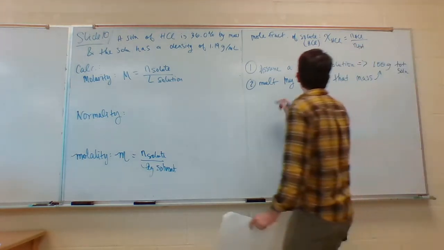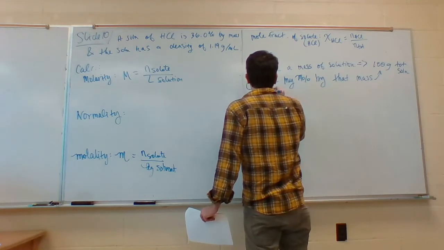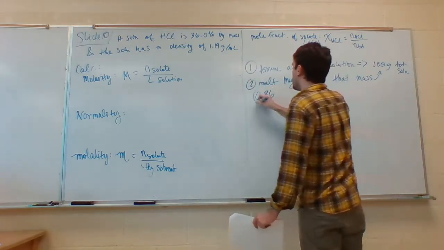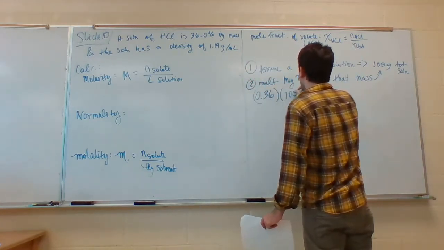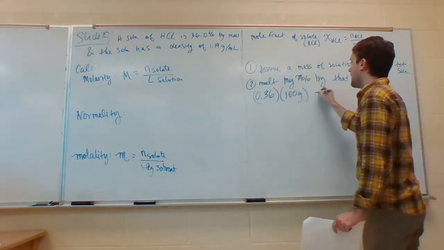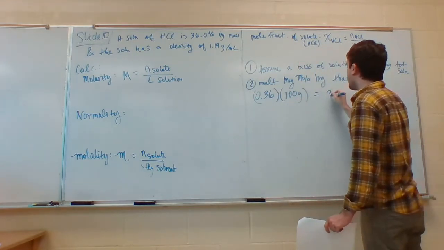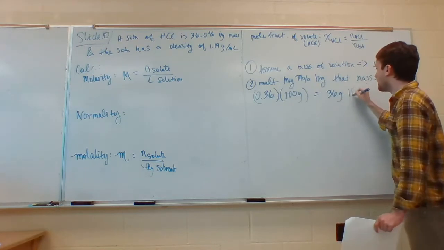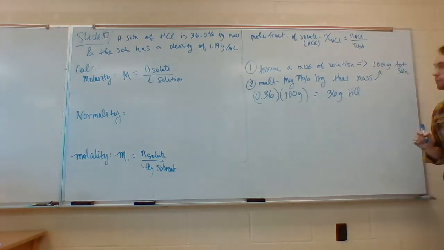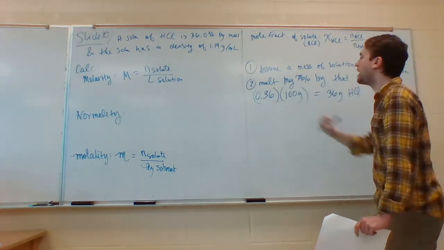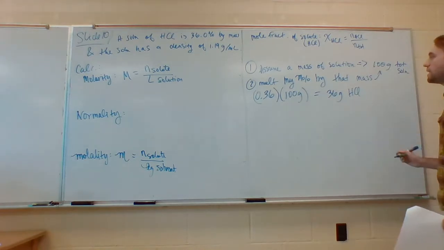You take the 0.36 and multiply that by 100 grams, which gives you 36 grams of your solute. So that means that 36 of that 100 grams is HCl.